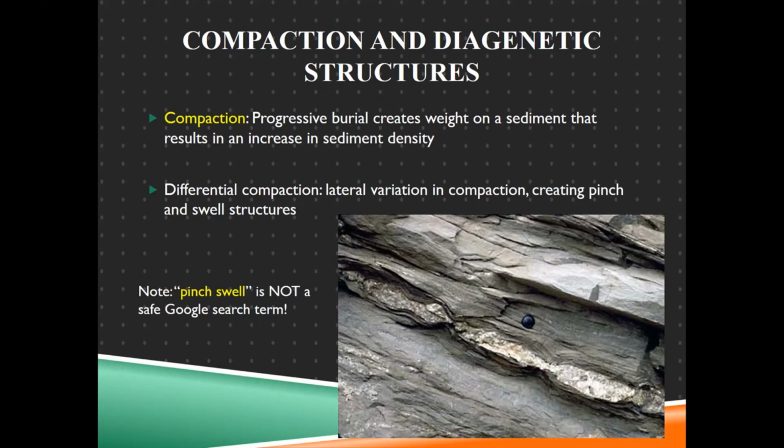Stuff moves around when you compress it enough. It's called differential compaction. When, maybe a little to the left, there was denser stuff on top and the material is a little weaker underneath. On the right, a little less dense stuff piled on top and it's a little stronger. It's going to compact differently.